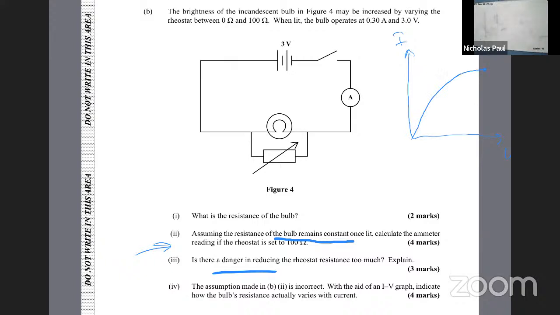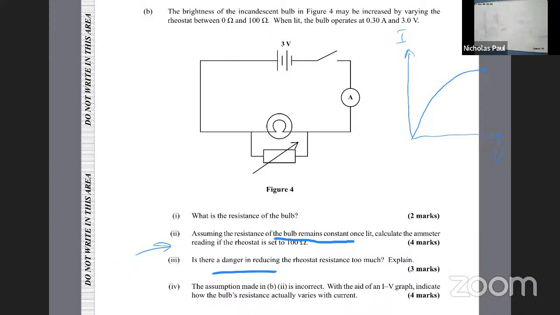So as the current goes up, it gets hotter, and as you increase the current flowing through, the resistance changes. The bulb gets warmer, the resistance increases and the current flowing is less.